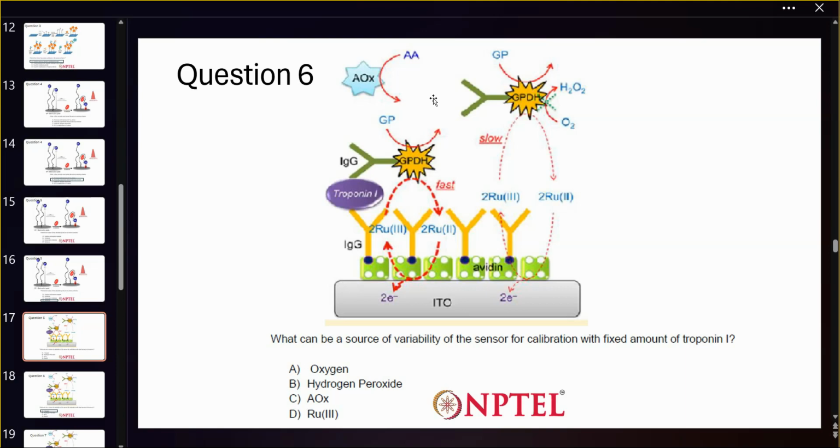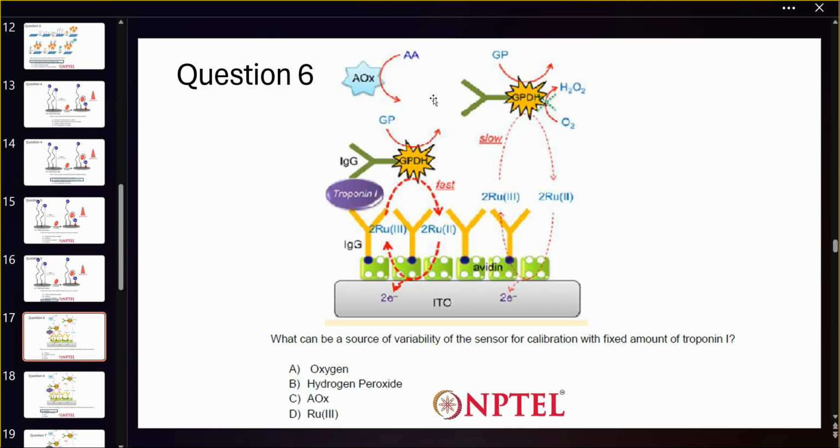Ruthenium is a redox intermediary. The more the amount of GPDH, the more the oxidation of ruthenium, and the more electron transfer.